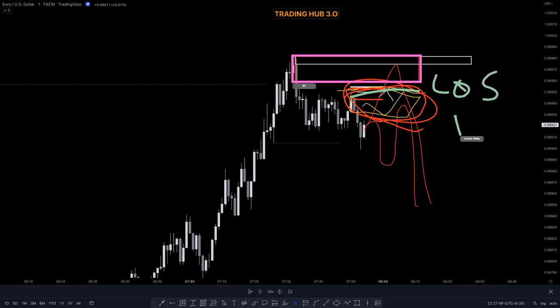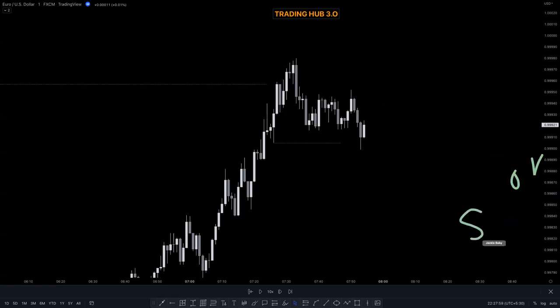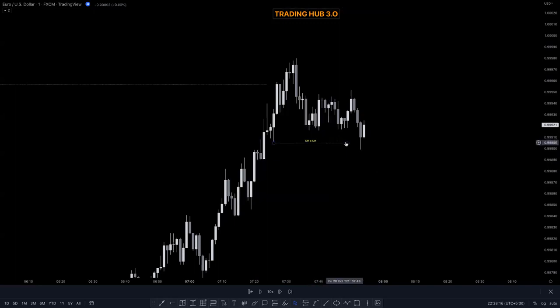This one is our change of character, and when price has broken, taken out the liquidity or tapped your POI zone and the market takes the first higher low, in this case it's not necessary to break this low and close above it or below it. Just simply break this low, which also counts as a change of character.